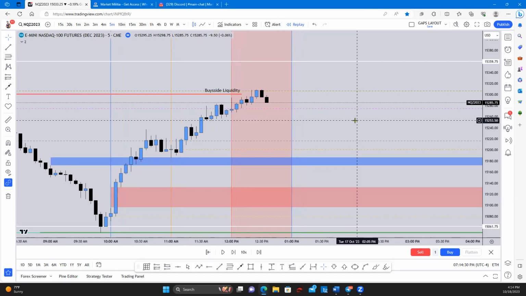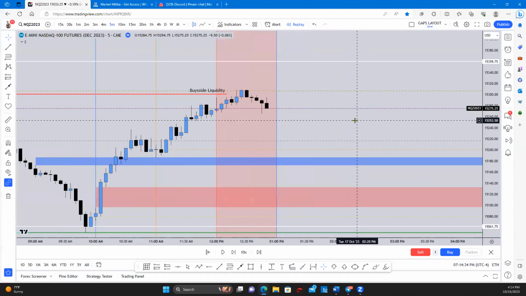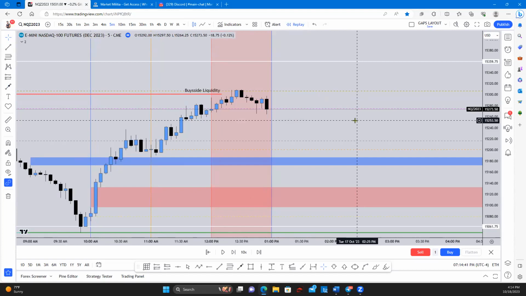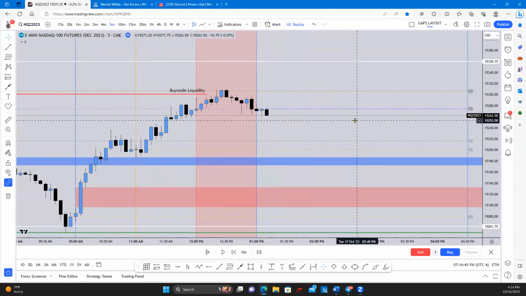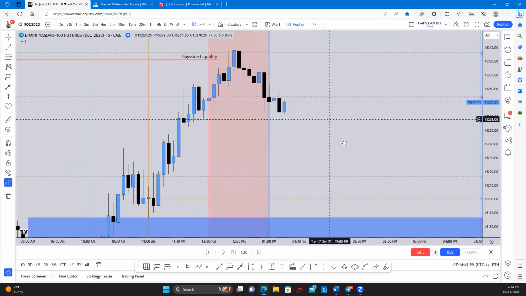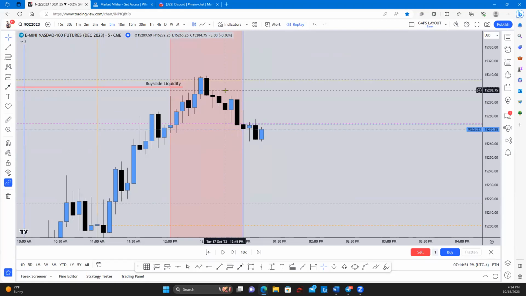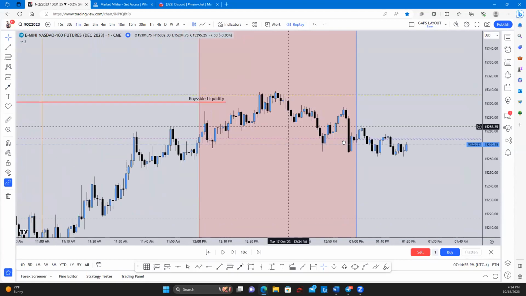So we're on the 5. Okay. So not too much in here. Let's see if there's something on the 1 minute we could have gotten into.